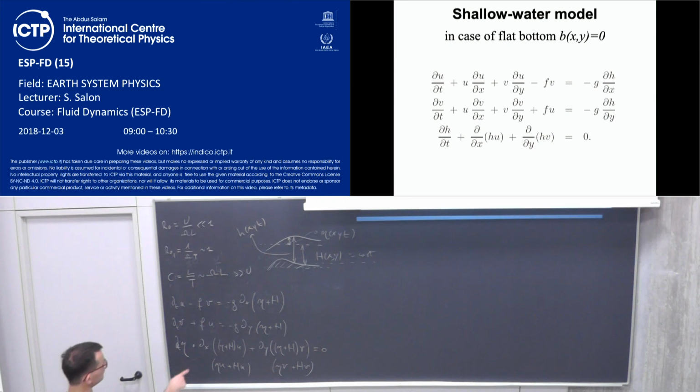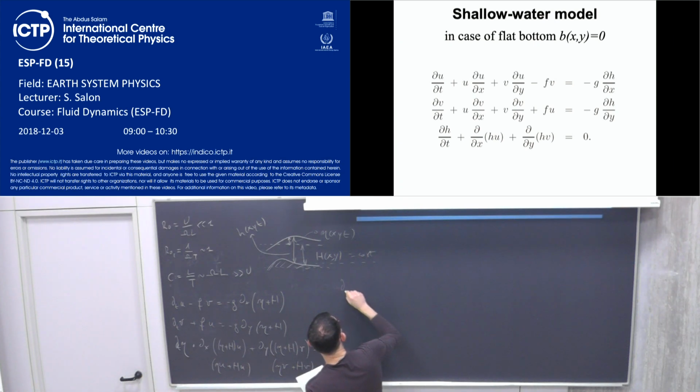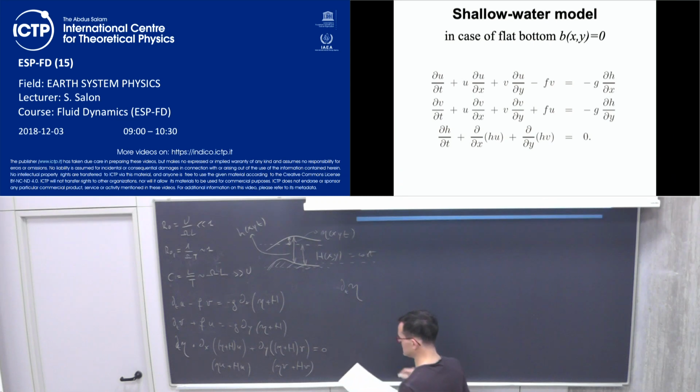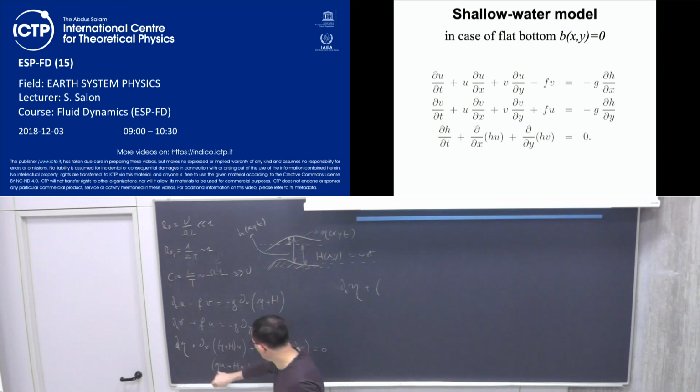So when we want to make the derivatives of each term, of course, if capital H is constant, what we obtain is that we consider the first, then we gather the terms which apply the derivative to eta.